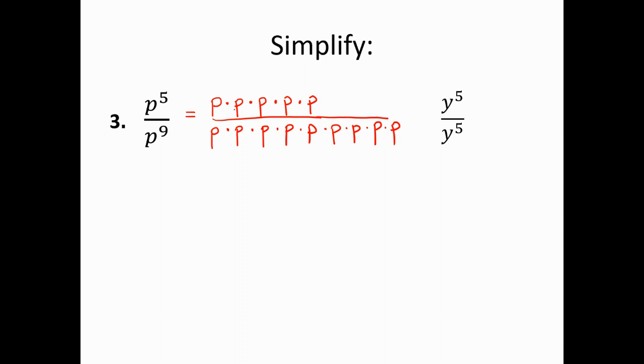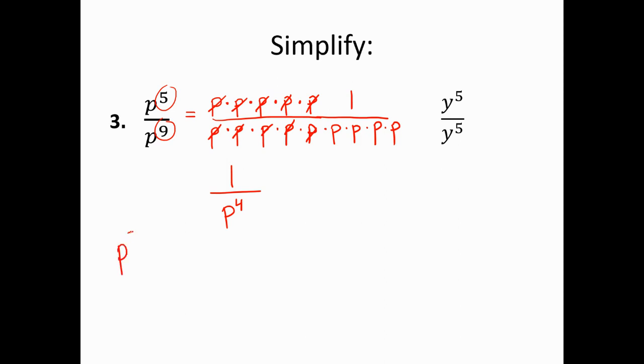And we know from division that if we have the same thing divided by itself, it equals 1. So I can divide all of these out and get 1, 1, 1, 1, and 1 left on the top. But how many p's are left on the bottom? 4. So 1 over p to the 4th, which makes some of you think, oh, maybe we can subtract.